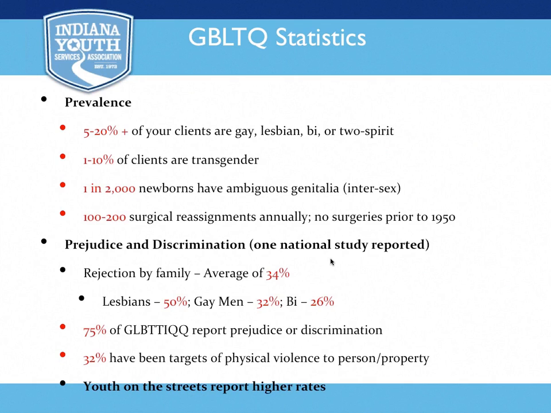And what's interesting is that those numbers are a little bit different depending upon how they are identifying. Females identifying as lesbians, 50% are rejected. It drops to 32% for gay men and 26% for those who identify as bisexual.